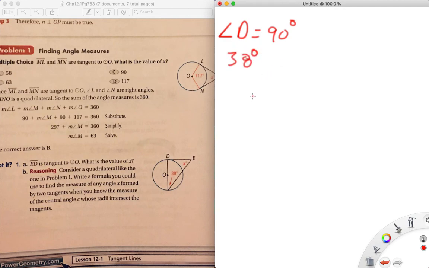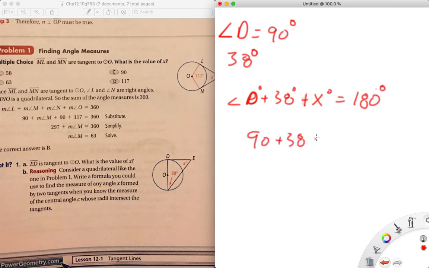The angles of a triangle add up to 180 degrees, so 90 plus 38 plus X equals 180.